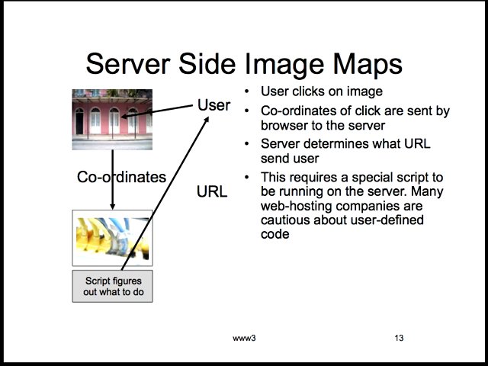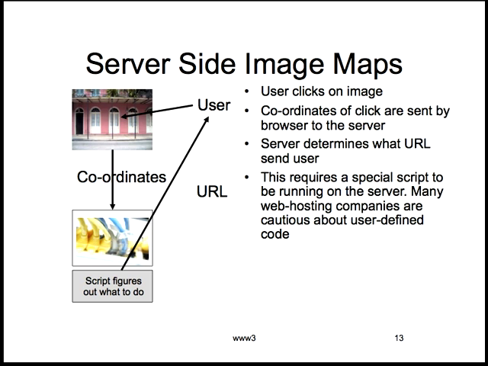Then the web server runs some code that figures out, well, clicking on point 100, 150 means we should go to CIT.com or something. And then the server sends back to the browser the URL that it should go to. So that's server side. All of the brains are in the server. All the browser does is send off, oops, someone clicked on me here, what do I do? And then the server comes back, okay, you go to CIT.com or something.